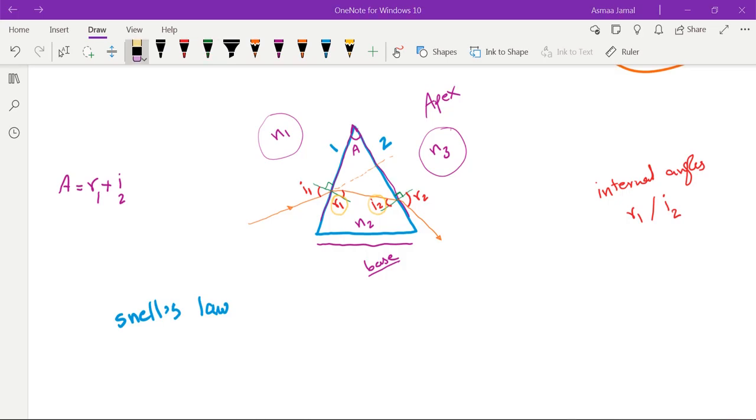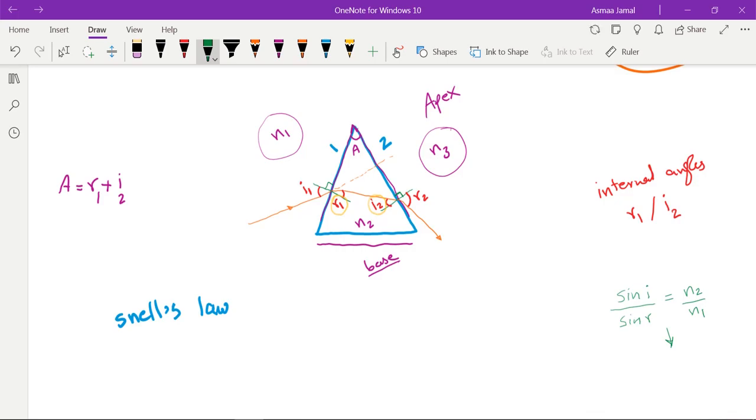And Snell's law states that the ratio of the sine of the incident ray to the sine of the refracted ray equals the ratio of the refractive index of the second medium to the refractive index of the first.